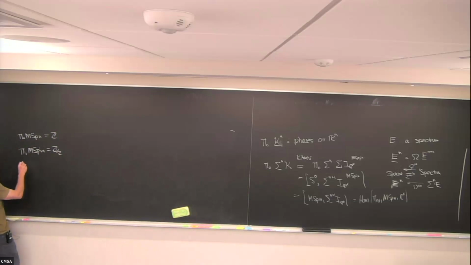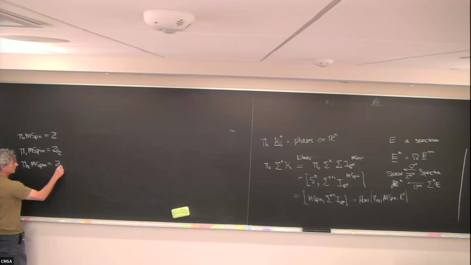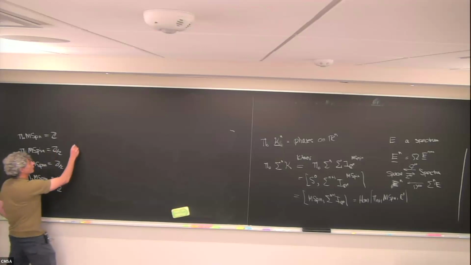Pi 2 is also Z mod 2, and the generator is the torus with the non-bounding spin structure. Pi 3 of M spin is 0. Pi 4 of M spin is the integers, given by the index of the Dirac operator. And then pi 5, pi 6, this looks like a KO group, so pi 5 is 0.